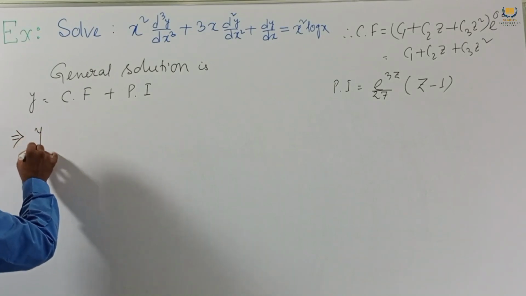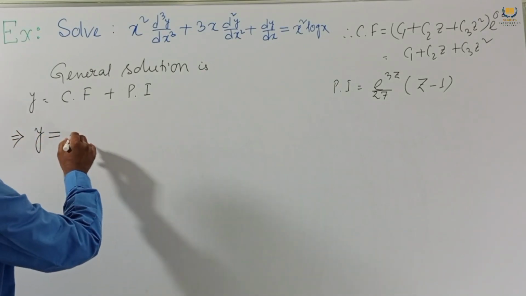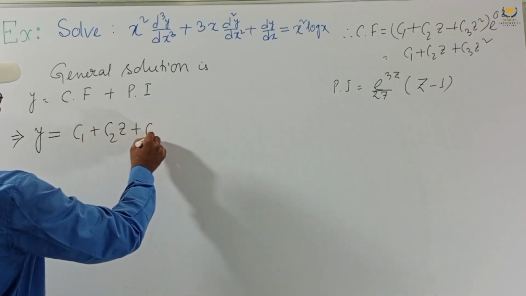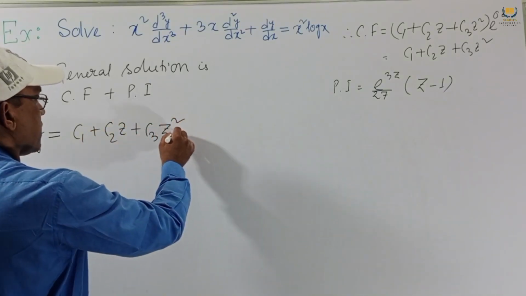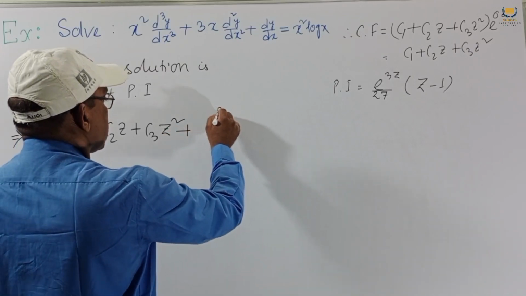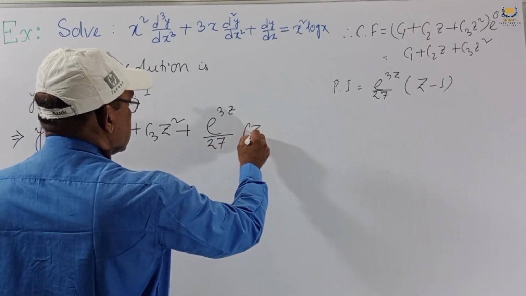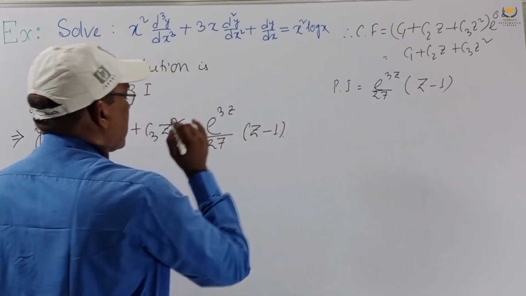This implies y equal to CF, CF means c1 plus c2 z plus c3 z square, and PI means e to the power 3z by 27 times (z minus 1).